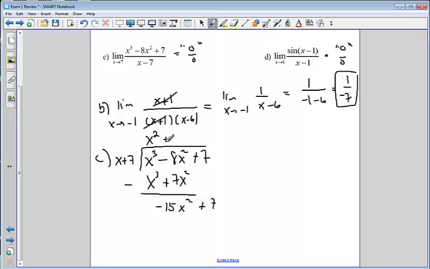And so then I'm going to add 15x, because how many times does x go into negative 15x squared? I guess I'm going to put a negative 15x there. So let's fix that. So minus 15x. If I do that, I'm going to get minus 15x squared, and then minus negative 15x times 7.